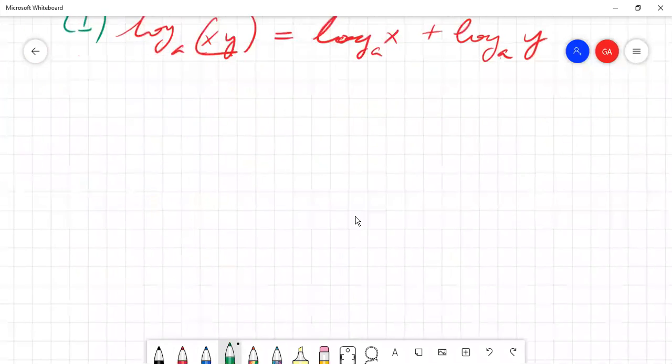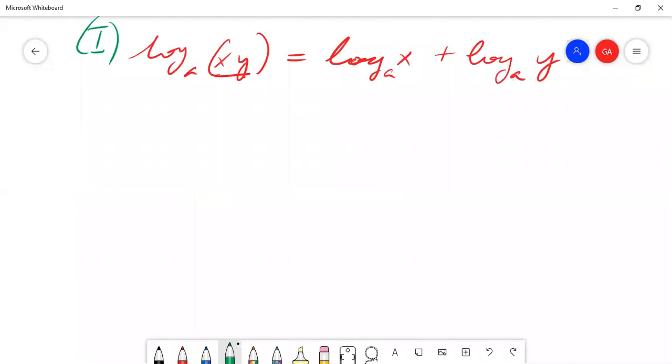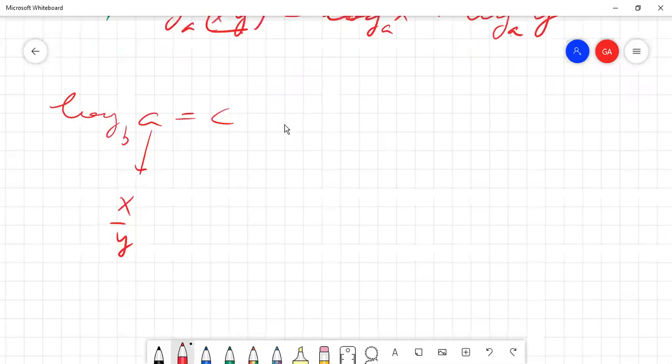Okay, the second thing to know, and it's very similar, we've sort of done the heavy lifting, is what is the log of a quotient? In other words, what if I had log base b of a is c, and a can be represented by x divided by y, or in other words, a can be represented by two numbers divided by each other?